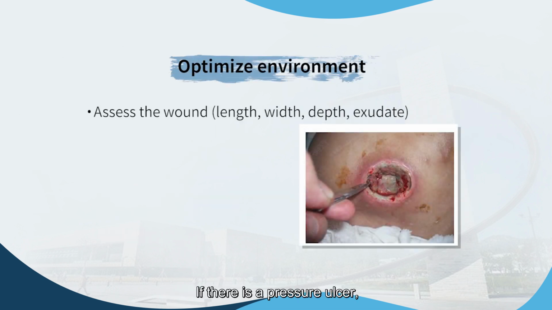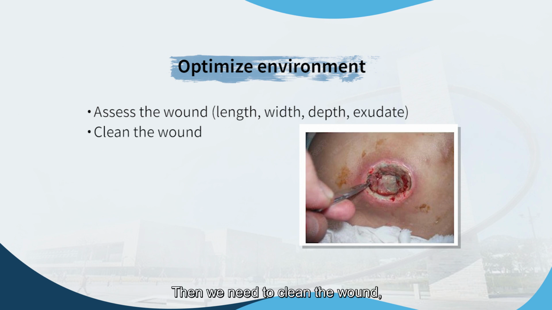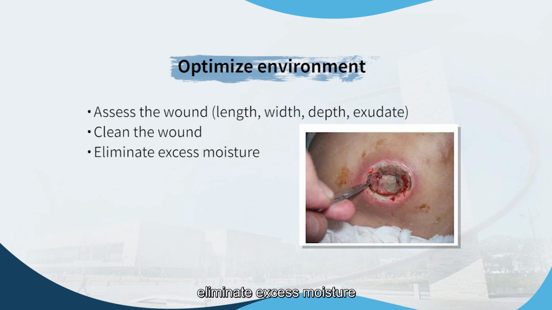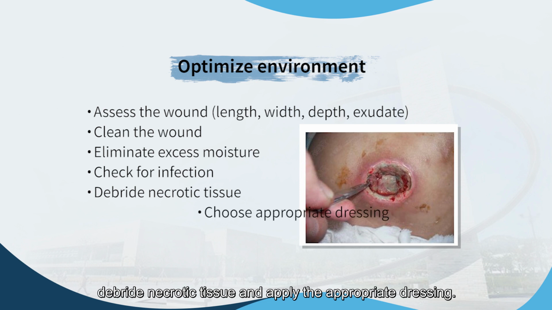If there is a pressure ulcer, we should assess and measure the size, including length, width, and depth, amount of exudate, stage of the ulcer, and integrity of surrounding skin. Then we need to clean the wound, eliminate excessive moisture, and see whether the wound is infected. If so, we'll use a disinfectant depending on the exudate, debride necrotic tissue, and apply the appropriate dressing.